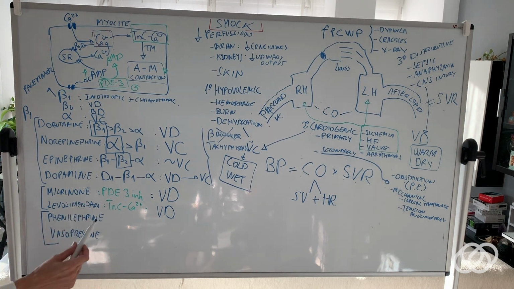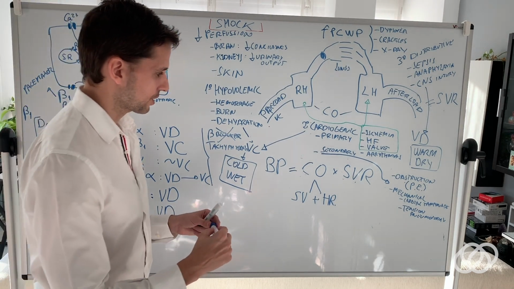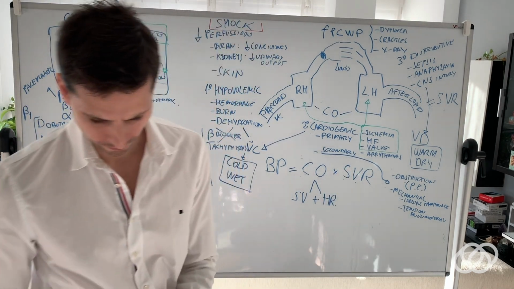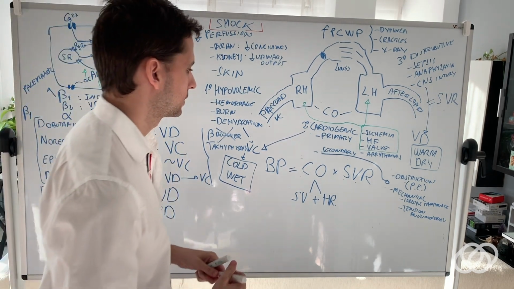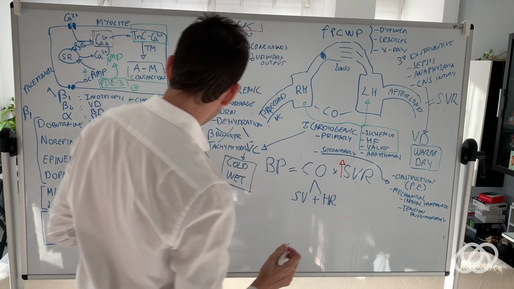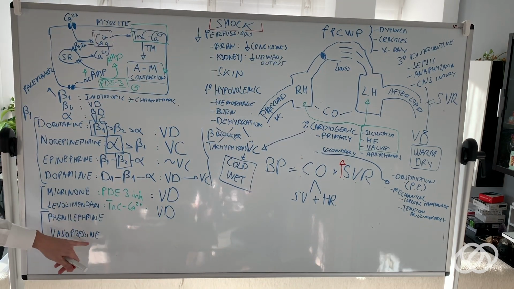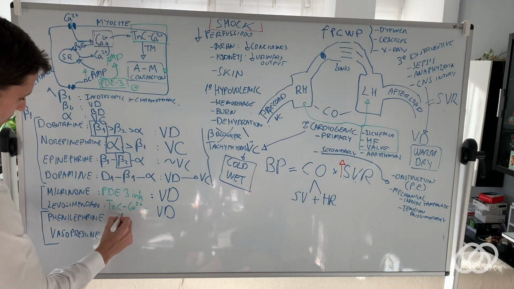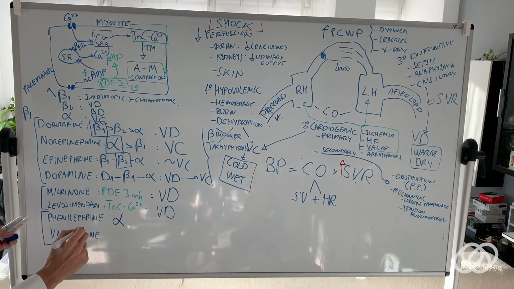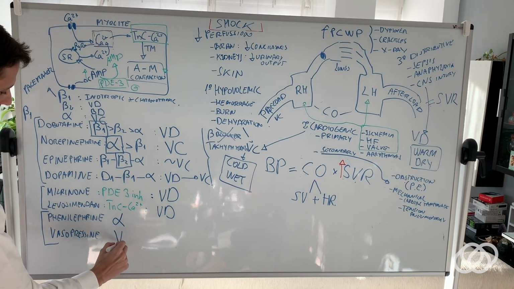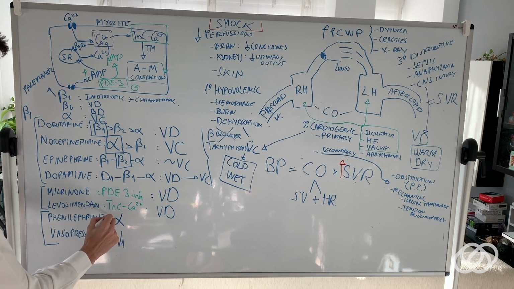So, when we increase systemic vascular resistance with either of those two, I'm going to mention that phenylephrine is a pure alpha agonist and vasopressin acts on the vasopressin 1 receptors.